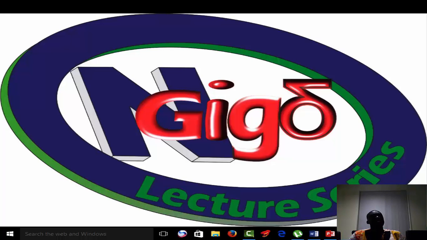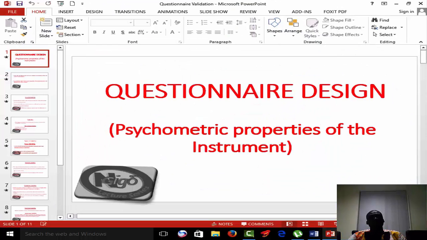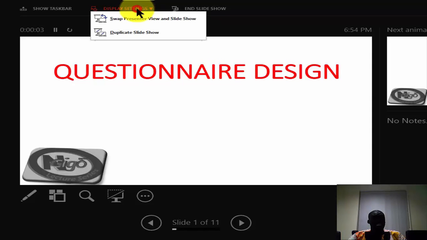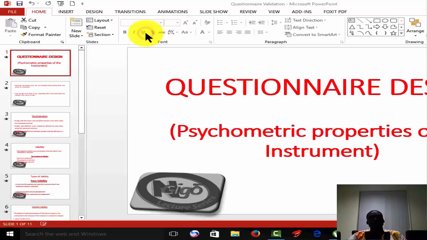So it moves us into what we call the psychometric analysis of the instrument. Every instrument, before you can say that you want to depend on it, has to go through this type of analysis, right? Yes.